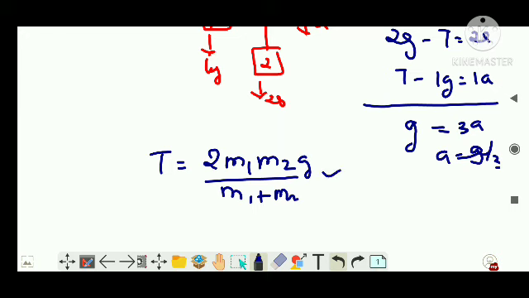Then also you will get the same value of tension as 4 by 3 g. But I won't prefer that you mug up the equations, right? Even if it reduces the time, you have plenty of equations. Later on when system of particles comes up, there are a lot of equations to learn by heart, so I don't think the extra luggage is better. This is something you can find by logic, right?